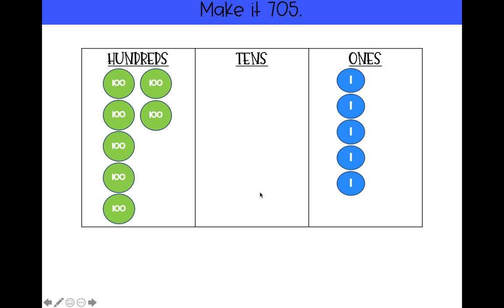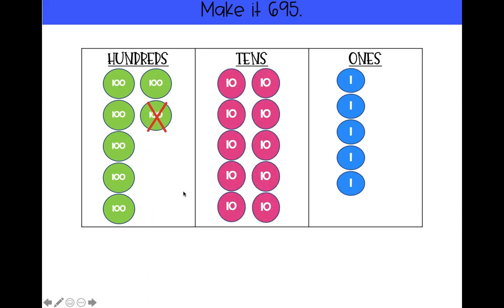Now let's make it 695. What do you think we should do to change this place value chart to show 695? Very good. We need to exchange 100 for 10 tens. Now, can we make our number 695?